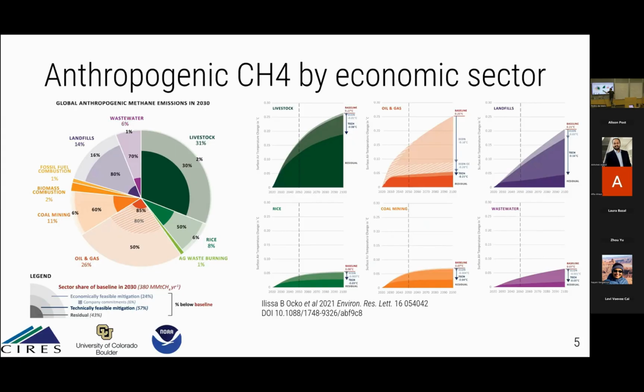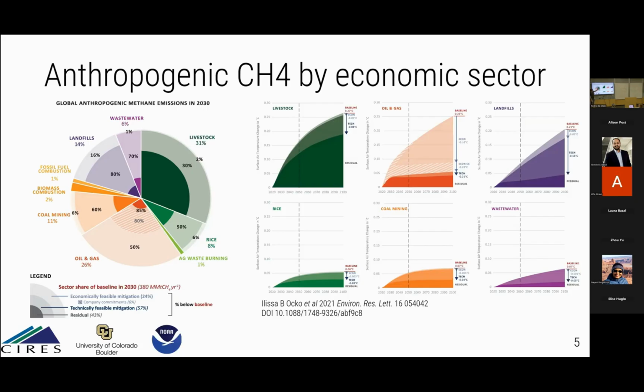And if you check out this pie chart here, each slice is a different economic sector. And the size of each slice is how much methane we're emitting depending on that sector. So you see two slices that are larger than others. One is livestock, the other is oil and gas.